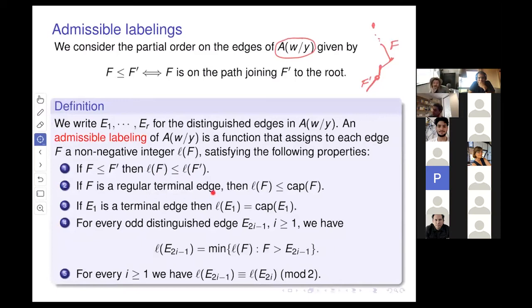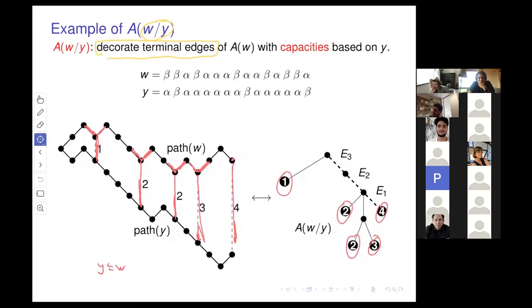If I'm on a terminal edge, this is where the capacities come into play. They give you a bound on the label of the corresponding edge. In the case where this E1 is a terminal edge, like we had before, meaning there's no subtree attached here, then the label of E1 should be exactly equal to its capacity.